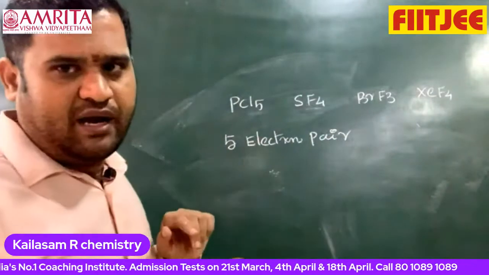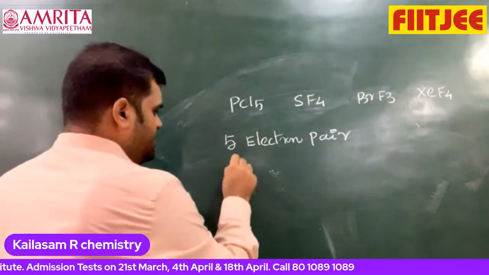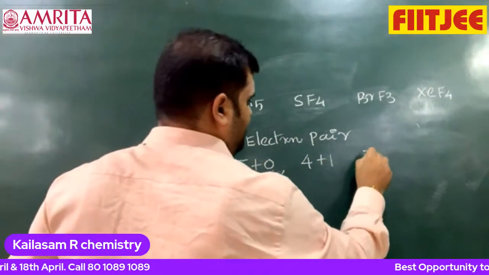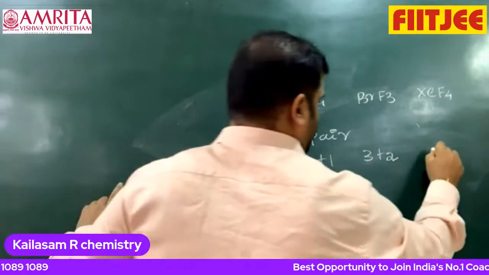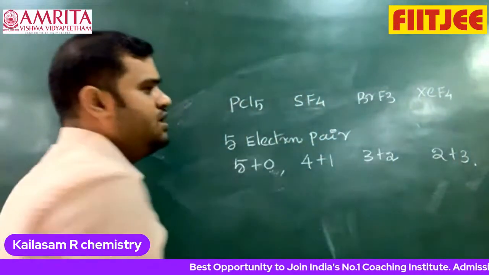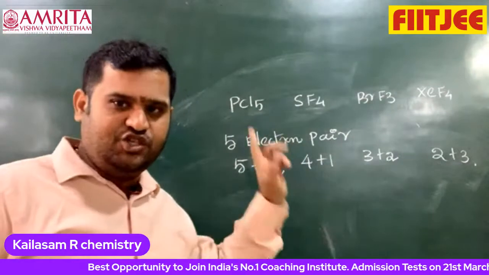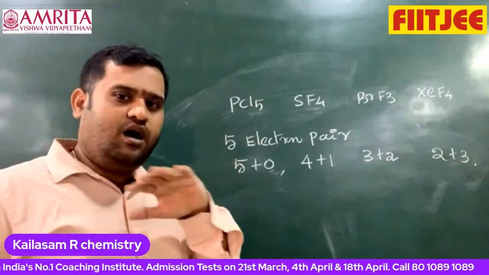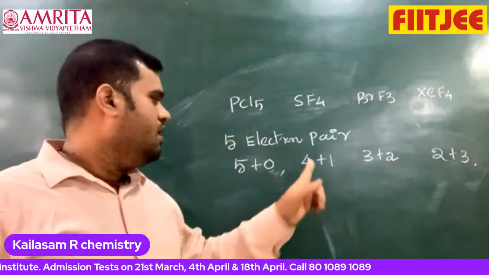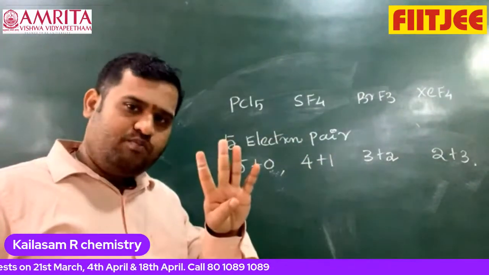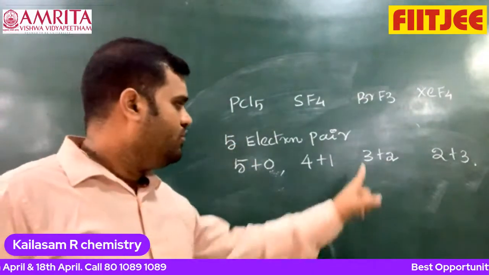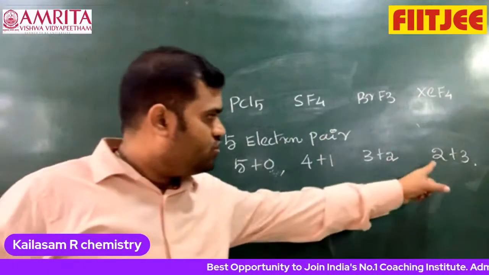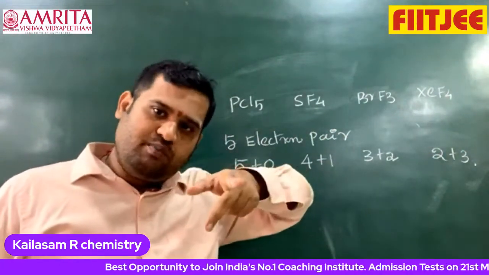In 5 electron pairs, what are the possibilities? You can have 5 plus 0, 4 plus 1, 3 plus 2, 2 plus 3. These are the possibilities. What is the meaning of 5 plus 0? All 5 are bond pairs. 4 plus 1 means 4 bond pairs, 1 lone pair. 3 plus 2 means 3 bond pairs, 2 lone pairs. 2 plus 3 means 2 bond pairs, 3 lone pairs.